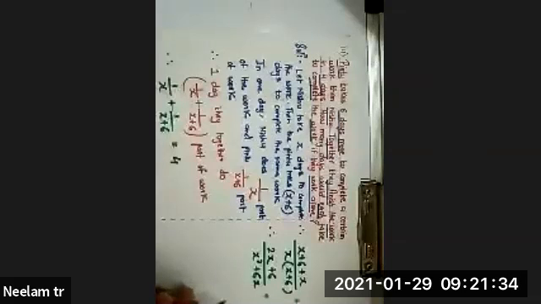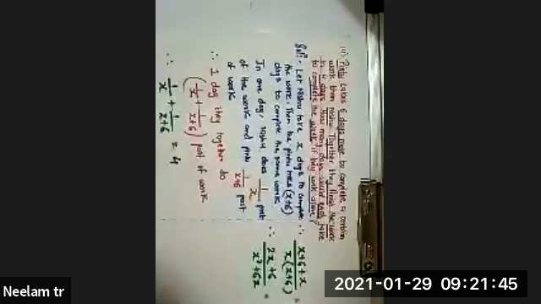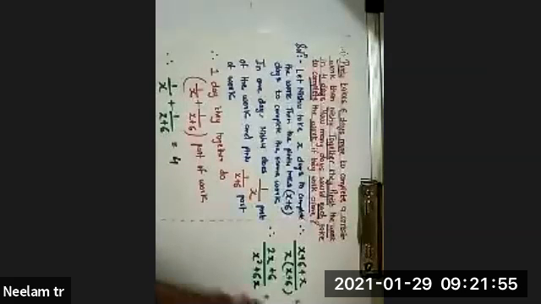Now what are you going to do? This will go to the right hand side. What will you get when this goes to the right hand side? I hope my students are able to solve this.